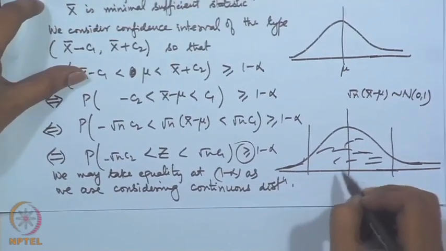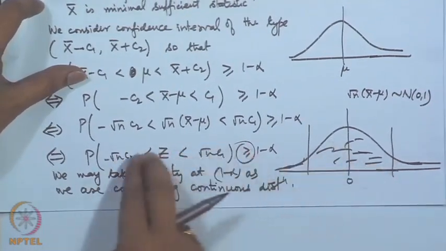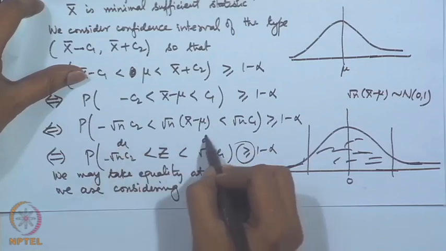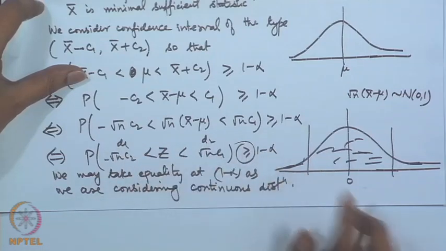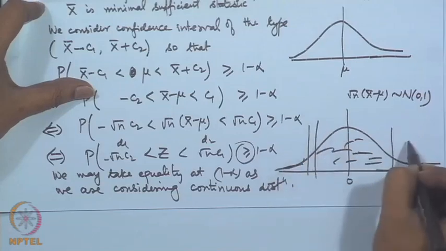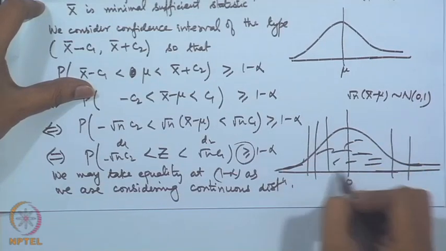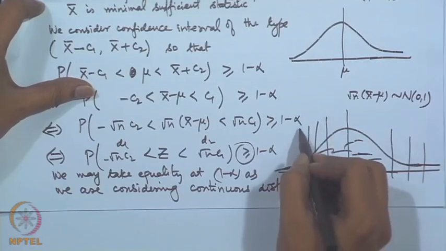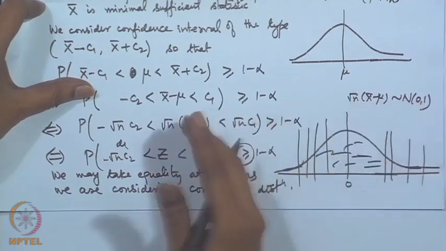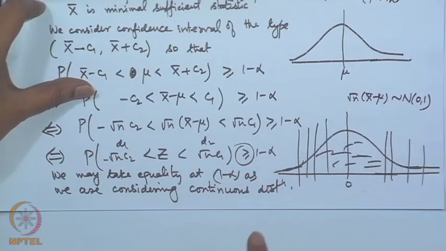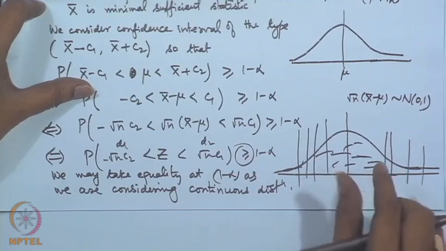Another point you can see, when I am putting 2 points here, say let me call it d 1 and d 2, then there can be many points where the probability can be equal to 1 minus alpha. Like if I shift on this side or if I shift on this side, I can consider so many intervals here. But once again let us bring down the problem to finding out the shortest length.